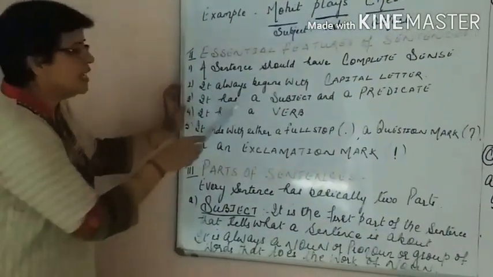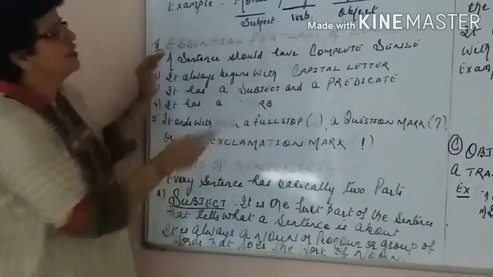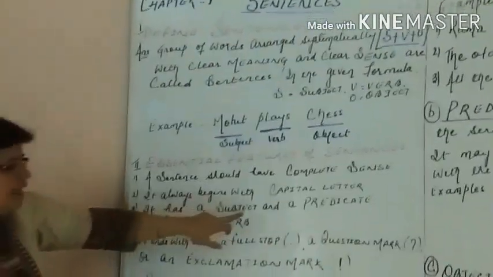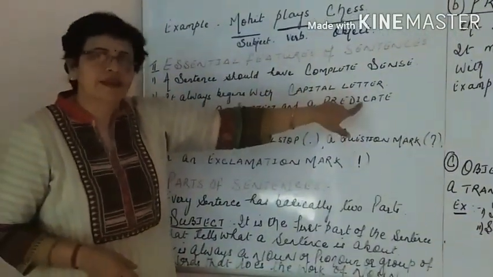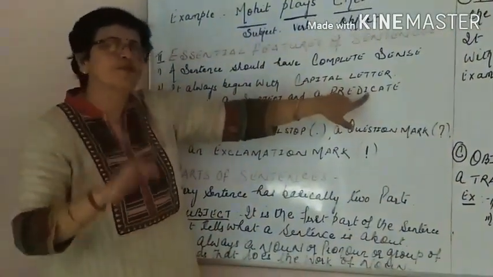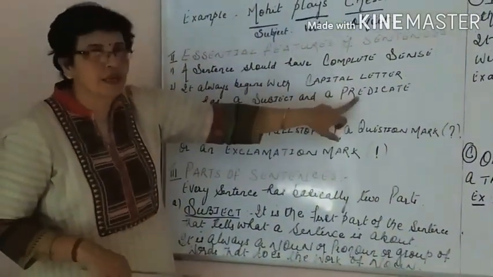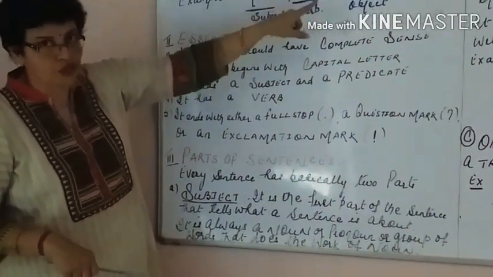Third part, it has a subject and a predicate. Now here a confusion arises: I've given a formula like subject plus verb plus object, and then I'm saying subject and predicate, that the sentence is composed of only two parts. Actually the predicate includes the verb and other words also.